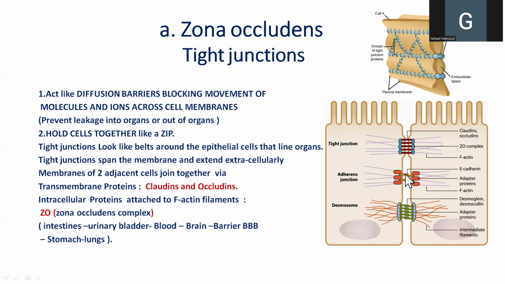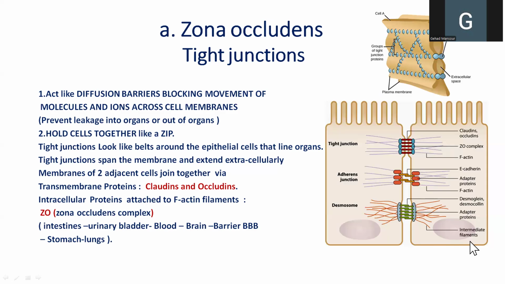And then lowermost, we will find the desmosomes. And the desmosomes are formed again of filaments, but these intracellular filaments are a bit thicker than the actin filaments that are present in the tight junctions and in the adherens junctions.